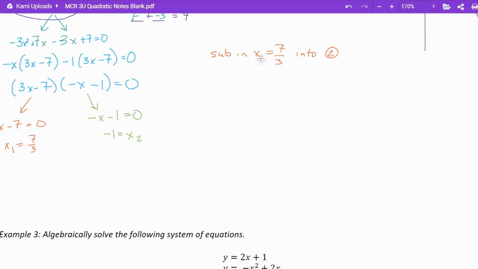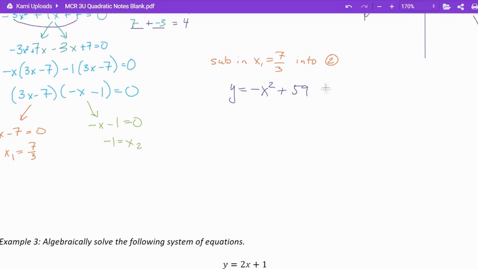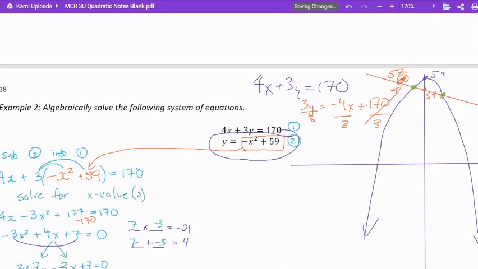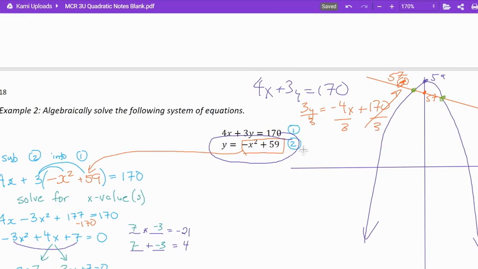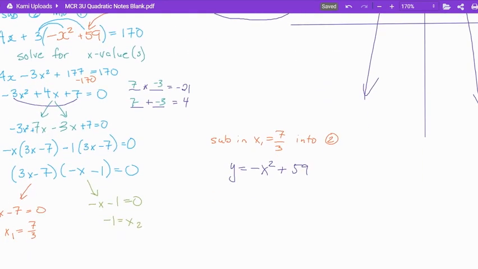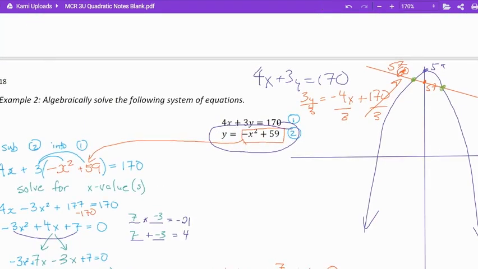All right, so let's start with the first one. Man, is this ugly, right? We have a fraction, and the equation that we have is y equals negative x squared plus 59. Could I have used the other equation? Absolutely. Okay, would it be wiser? Not necessarily.